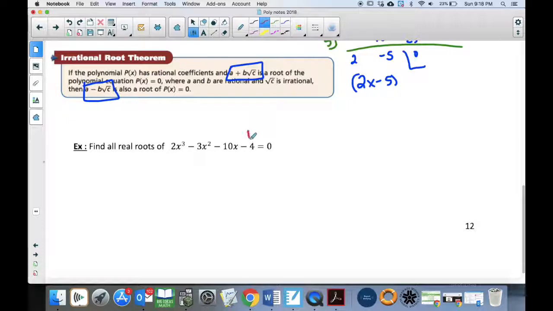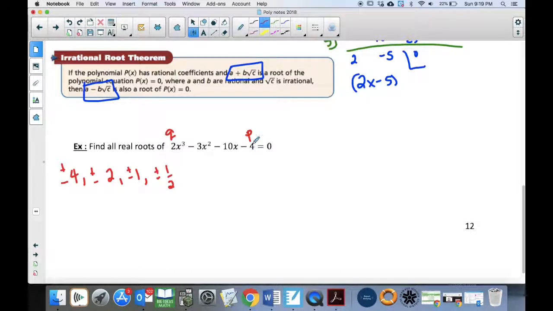And so remember, this is my P, this is my Q. I need to list out all of the possible factors. Why don't you pause it and see if you're able to do that? Okay, the factors are plus and minus 4 over 1, plus or minus 4 over 2. Well, 4 over 2 is just 2.